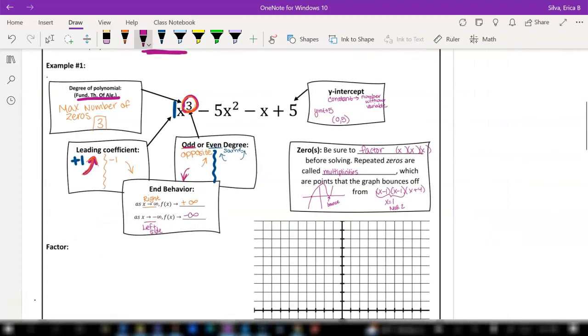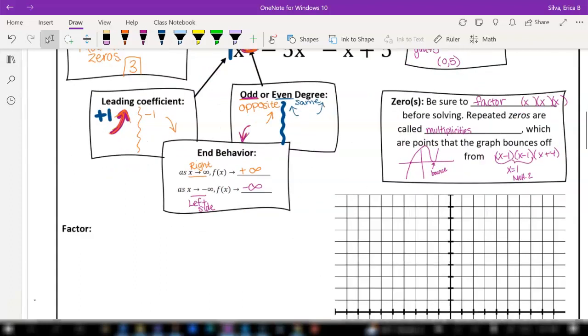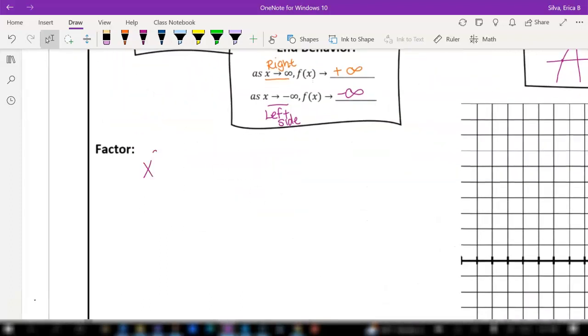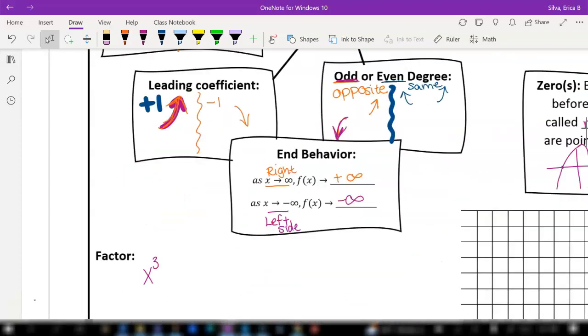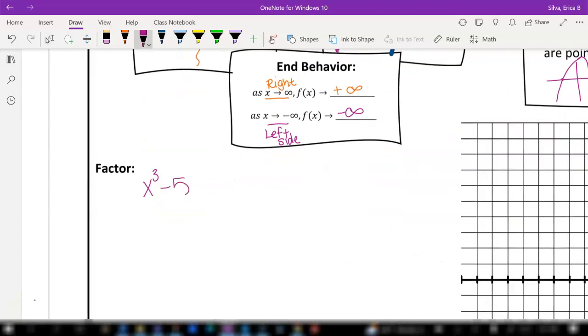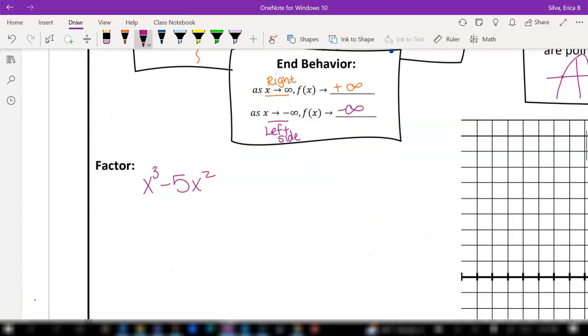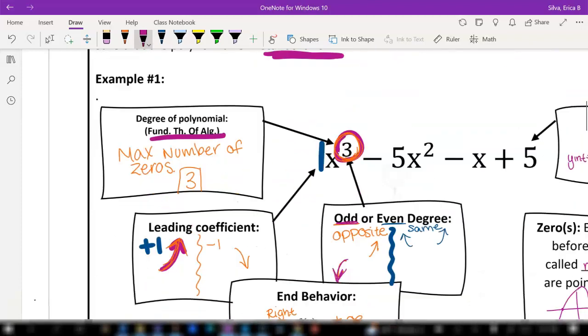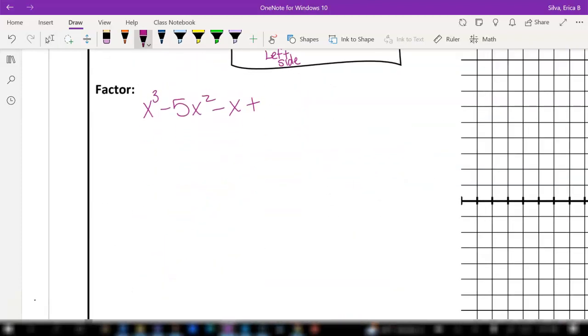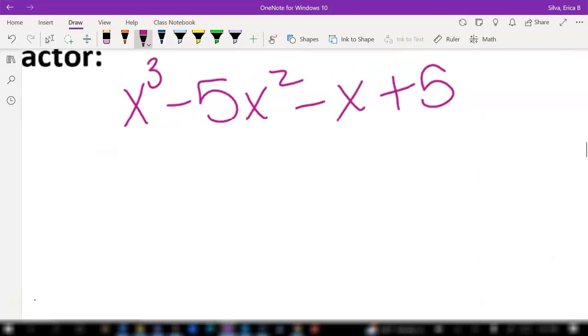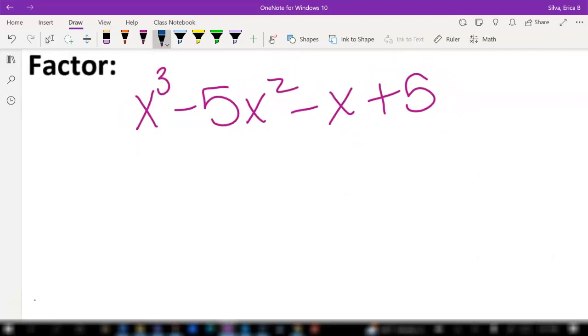Now let's go ahead and factor so we can find our zeros. We have x to the third minus 5x squared minus x plus 5. Because we have 4 terms, we always want to try to start with factor by grouping.